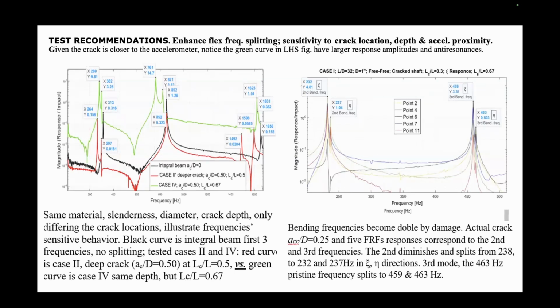Here, for instance, I have the integral beam in black line, and in red is case 2 with a deeper crack, which is 50% of the diameter and is located in the middle. The case 4 is 50% as well, but it is located in another part of the beam.